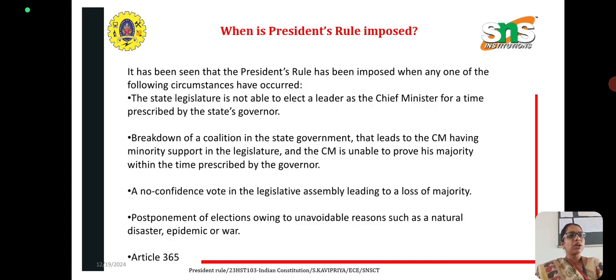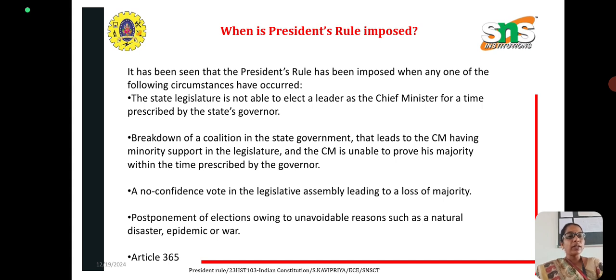When is president rule imposed? It is seen that the president's rule has been imposed when any one of the following circumstances has occurred. The state legislature is not able to elect a leader as chief minister for the time prescribed by the state governor. Breakdown of coalition in the state government that leads to the CM having minority support in the legislature, and the CM is unable to prove his majority within a time prescribed by the governor.